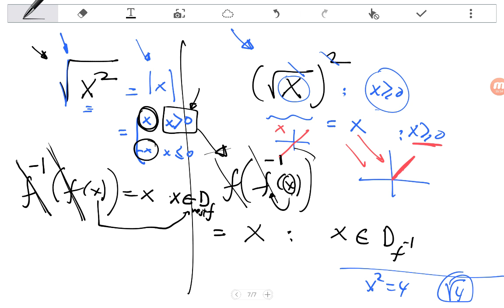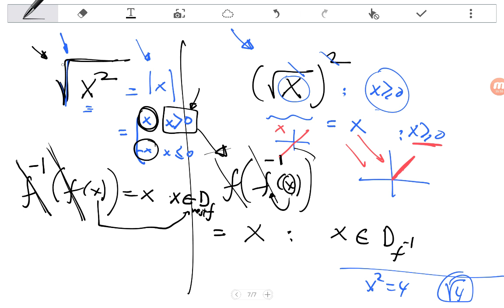Whenever you have a restriction. If you don't have a restriction, if the function is 1 to 1, the result will always be x. But whenever you have a restriction, like x squared was restricted, now we apply the root of x squared.